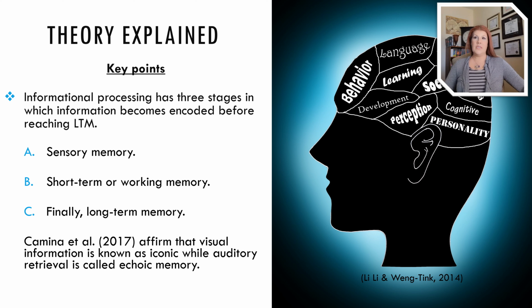We see on this slide the theory explained. Information processing, or the body's computer region, has three stages in which information becomes encoded before reaching its final destination, known as long-term memory.